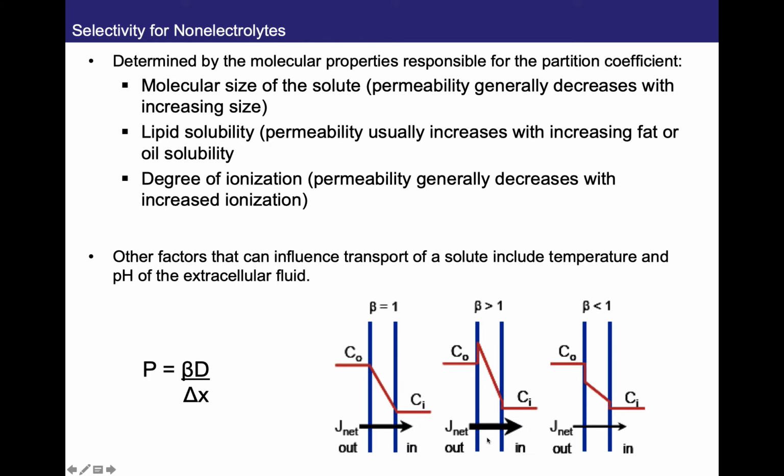That's from our problem set number 1. If the concentration gradient increases, then so does the net flux. So that's what's happening here. The net flux increases with those hydrophobic molecules because the concentration gradient within the plasma membrane is steeper. Okay, any questions?